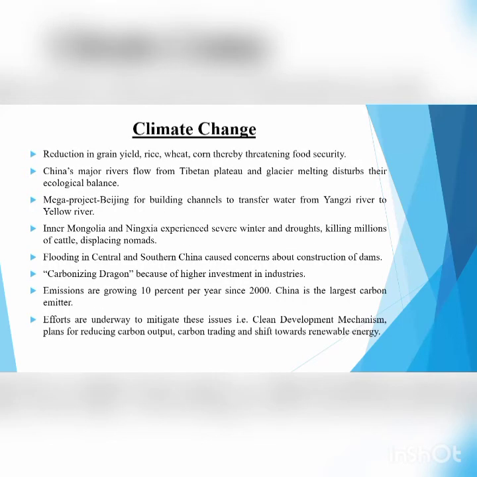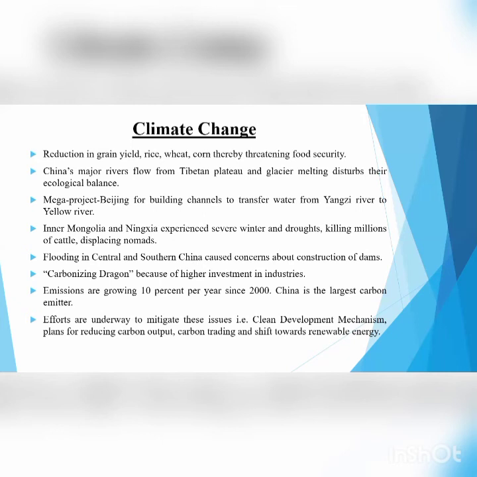Now, more effects of climate change include reduction in grain yield, rice, wheat, and cotton, and China's major rivers flow from the Tibetan Plateau, and glacier melting disturbed the overall ecological balance in China. Now, there was a mega project in Beijing for building channels to transfer water from the Yangtze River to the Yellow River because there was a need for water in the other area.